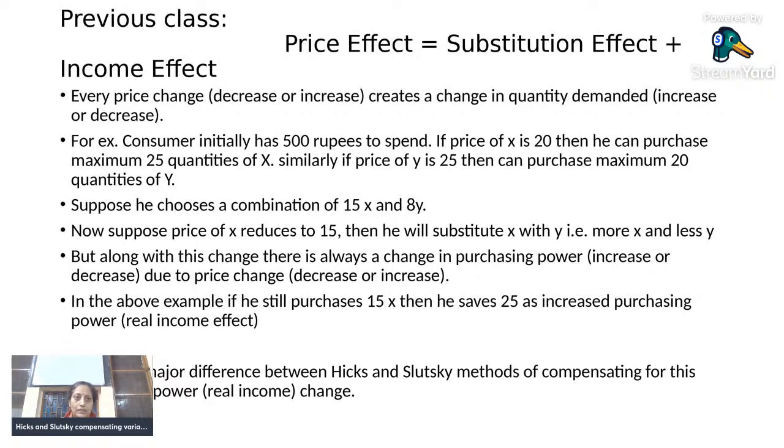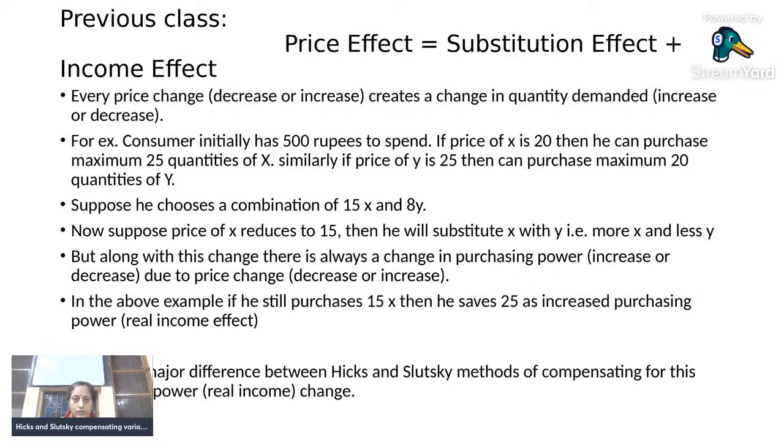As the price changes, one commodity becomes cheaper and therefore the consumer starts consuming more of that commodity, and it is expected that the consumer will substitute the cheaper commodity for the comparatively costlier commodity. So the price of X has come down, so he will increase the consumption of X and decrease the consumption of Y, therefore the substitution effect.